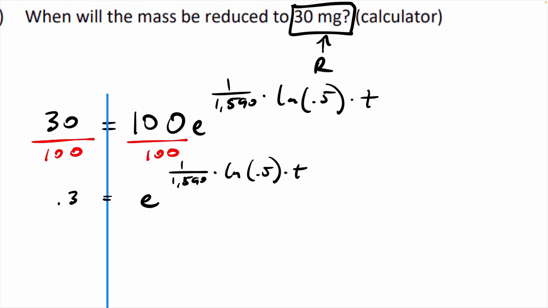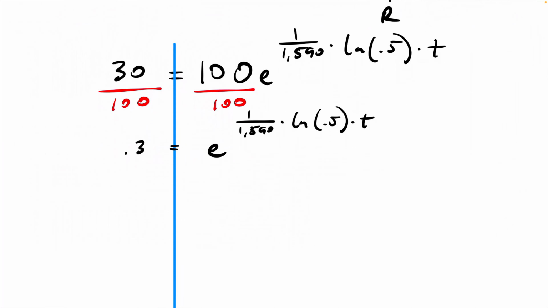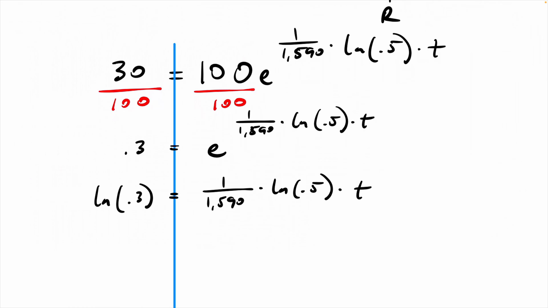What's the next step? L trick, yep. So when you do the L trick, you're going to get natural log of 0.3 equals 1 over 1,590 times the natural log of 0.5 times t.